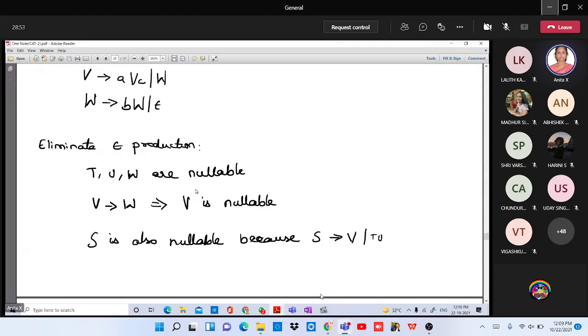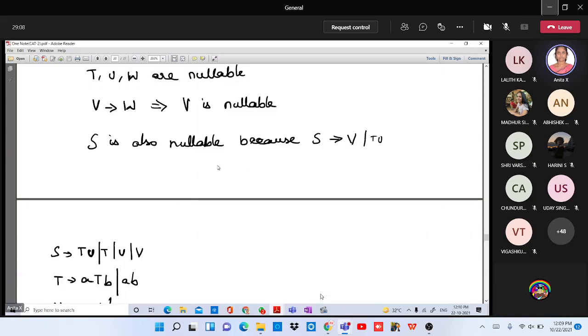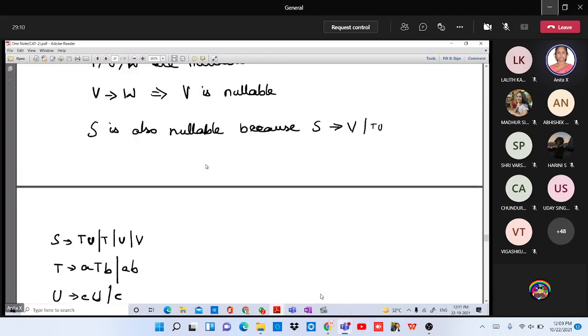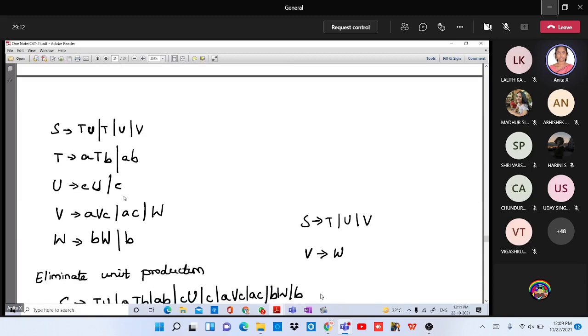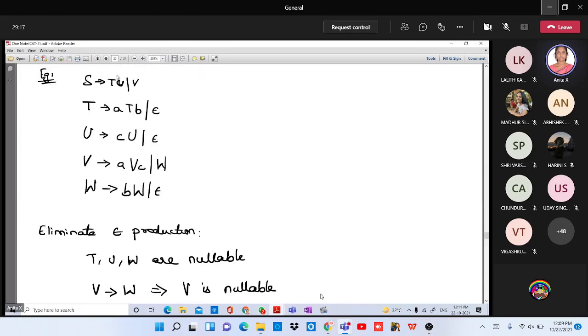While simplifying, we have to make sure that the meaning of the grammar is not changed. So while eliminating epsilon and unit production, we have to be careful that the meaning is not changed. So how to eliminate the nullable? Here, S derives TU or B. What is the possibility?